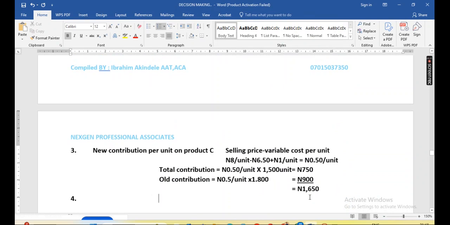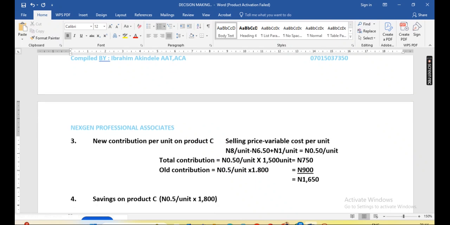Savings on product C as a result of discontinued operation: it is 0.5 naira per unit, times the units, 1,800.